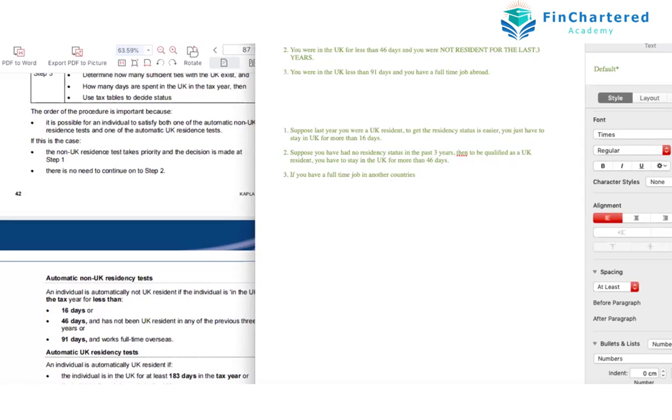So if you have a full-time job in another country, you will not be a UK resident unless you stay for more than 91 days in the UK.